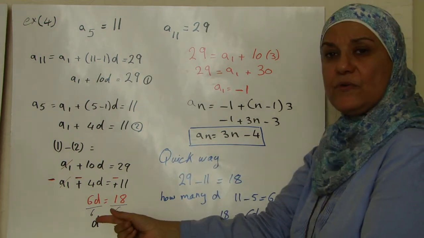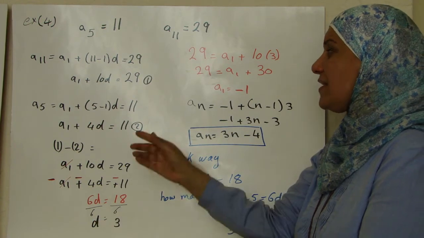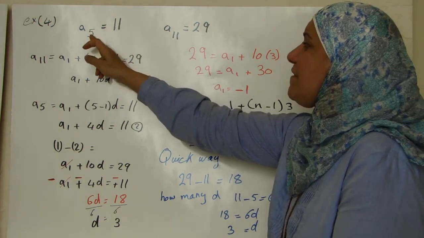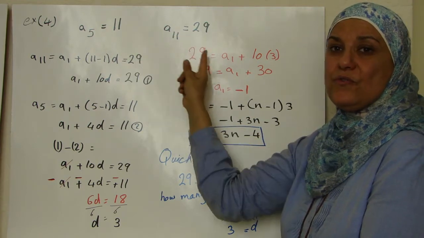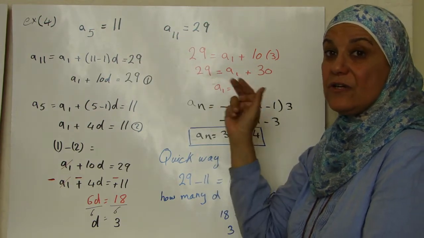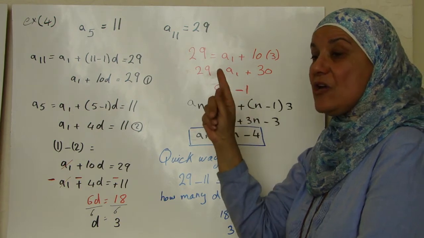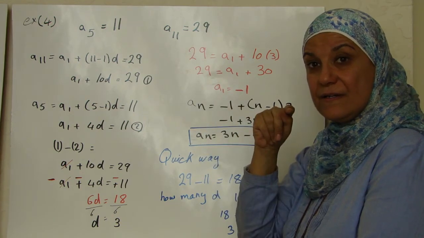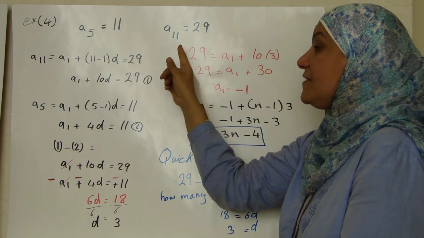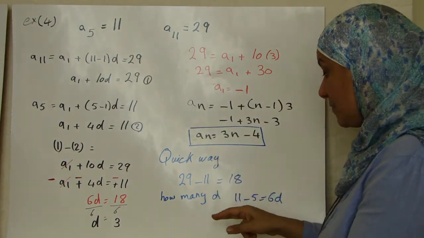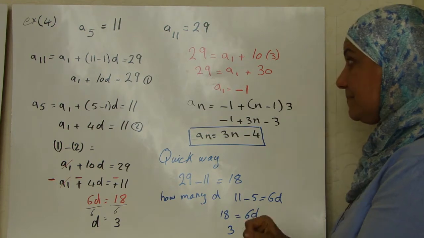Is there a quick way of doing that? Of course there is. What do I know about the a5 and the a11? I know how many terms are in between those two terms. There are 6 terms in between. I don't know the difference of each term, but I know that from a5 to a11 I have 6 differences. And that's what I'm going to write: 6d.